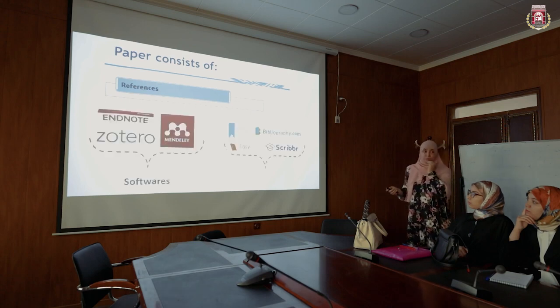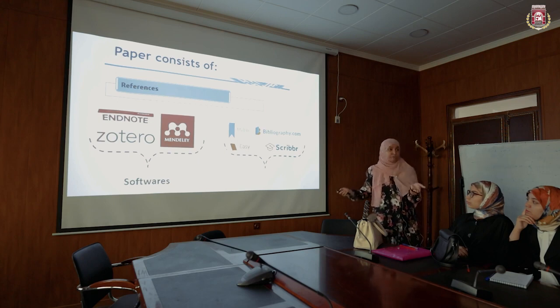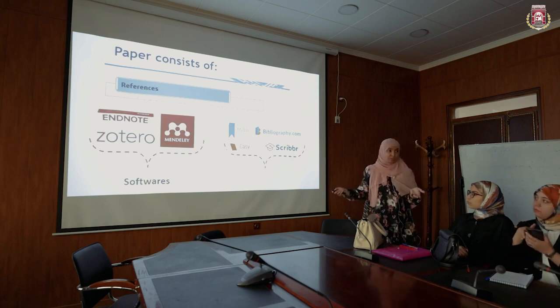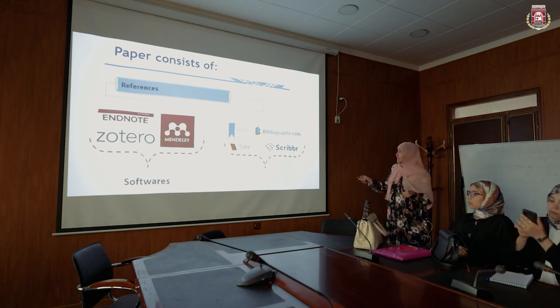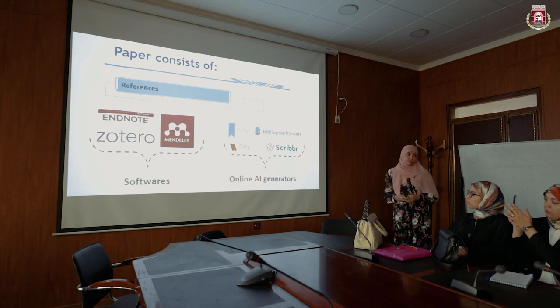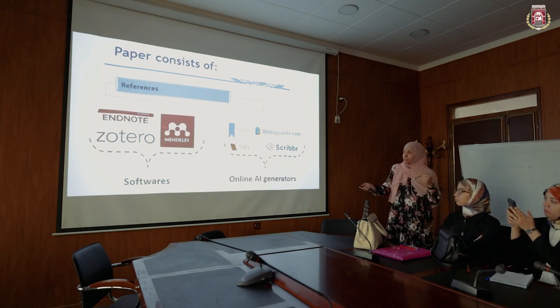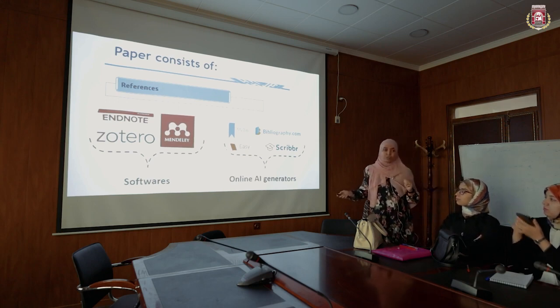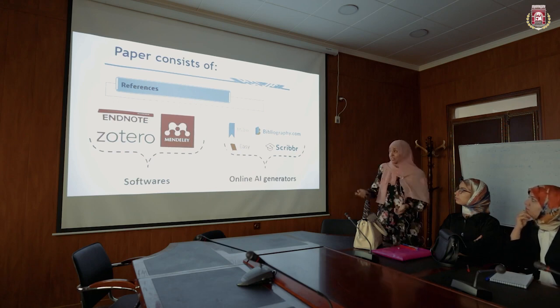We have another proposition, which is softwares, and absolutely you have done some practical work using Zotero or EndNote or Mendeley. These are softwares, and these are online AI generators. So we will see MyBib, which is the easiest one. And for this, what's the disadvantage of these softwares? Absolutely, the advantage is the list. What's the disadvantage?